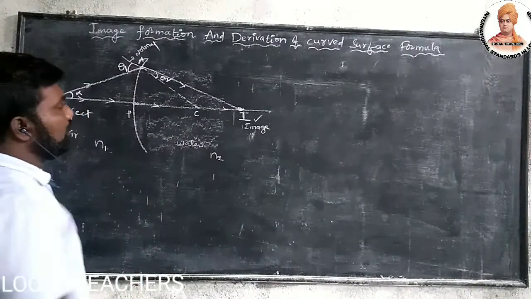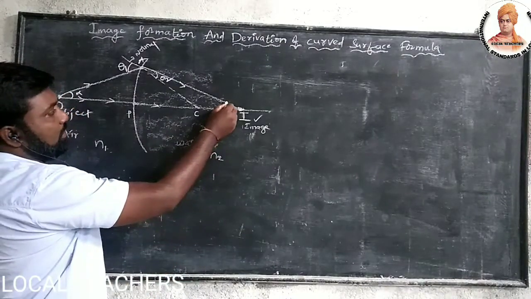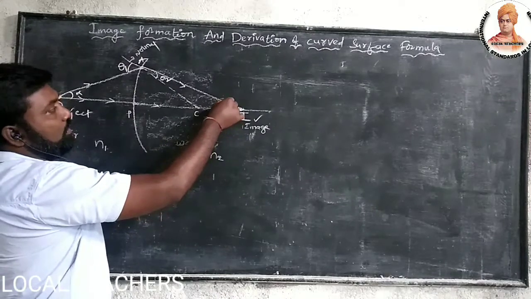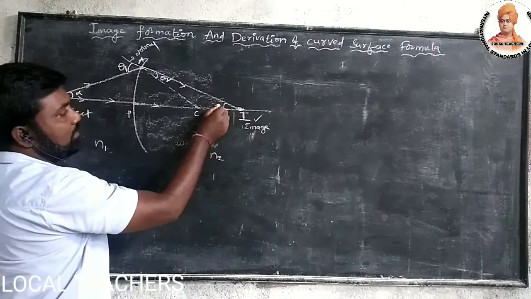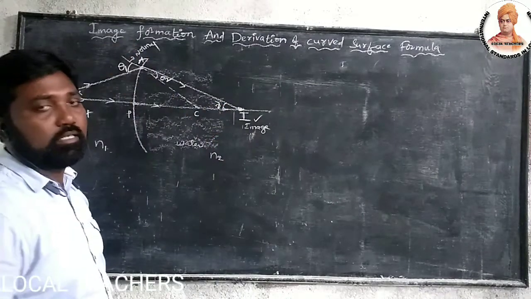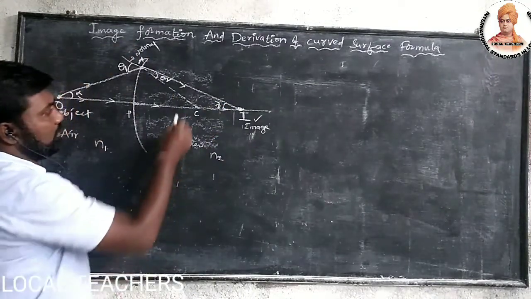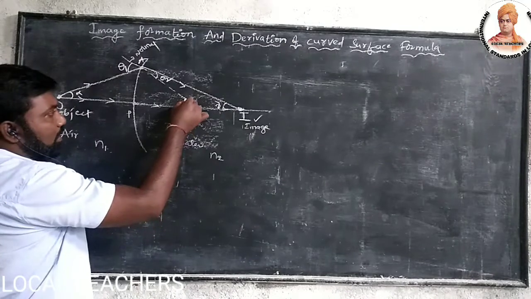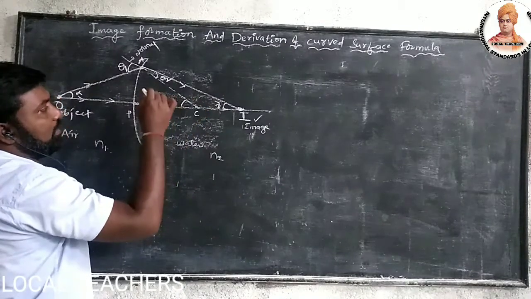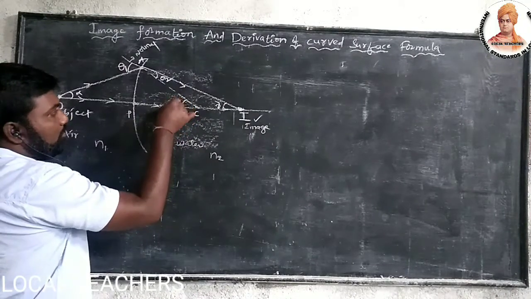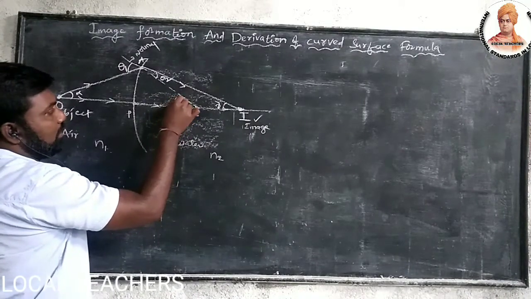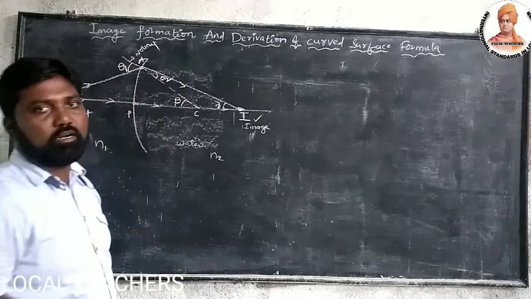Next, I consider the angle the second refracted ray makes with the principal axis to be gamma. Next, the normal makes an angle at C with respect to the principal axis, which is beta.